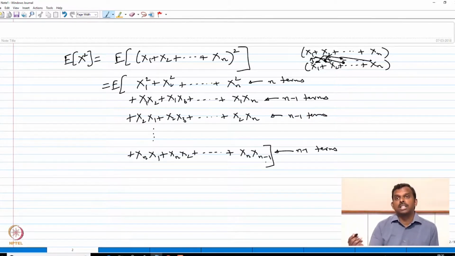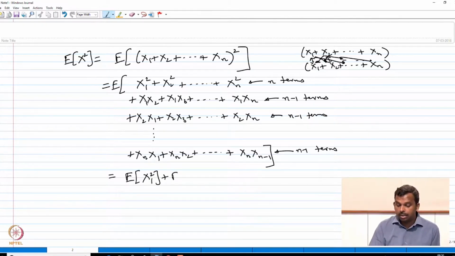Now you distribute the expectation. So this becomes the expected value of x1 squared plus the expected value of x2 squared plus so on till the expected value of xn squared. Here I used linearity of expectation.